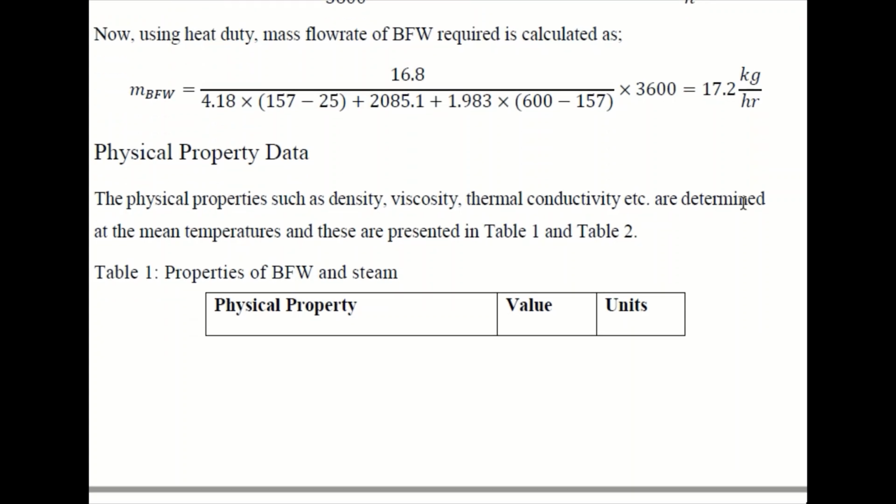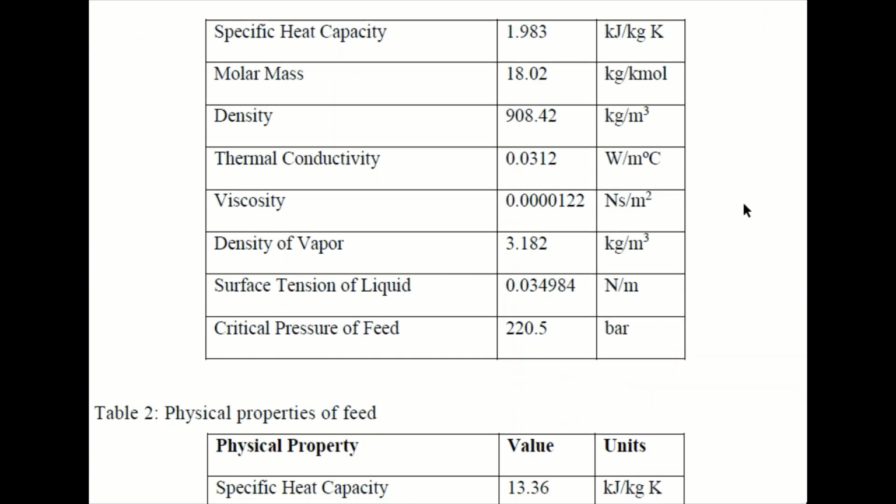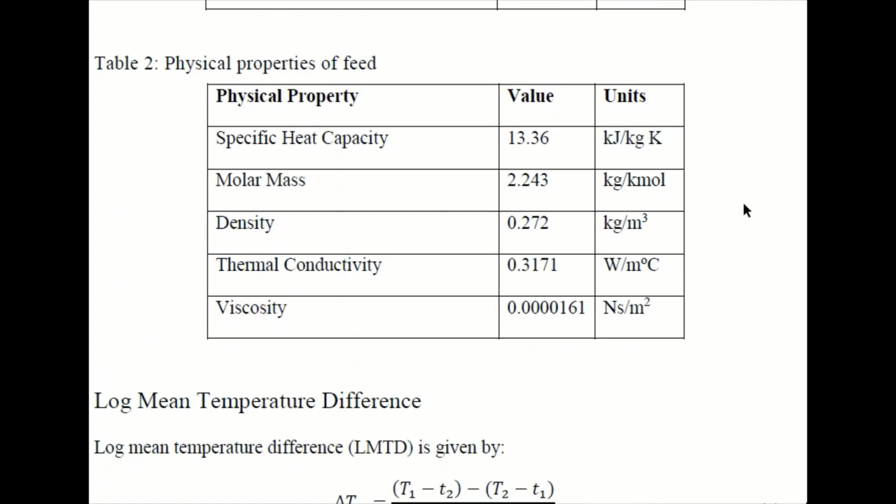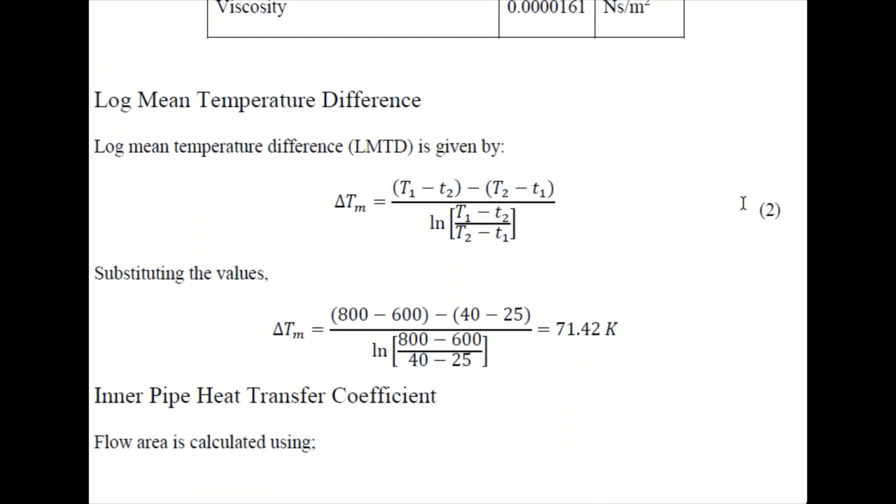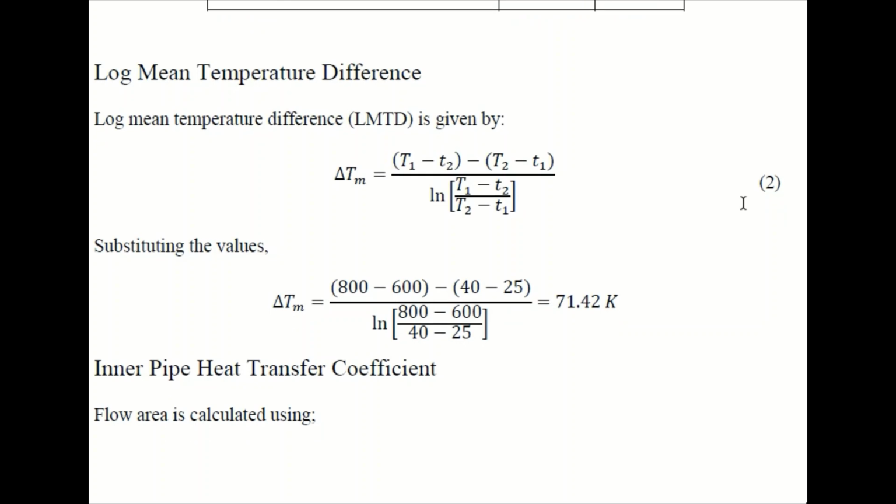So we have physical properties here for both the gaseous stream and the boiler feed water. The next step is to calculate the log mean temperature difference. We have the hot stream inlet minus cold stream outlet, and hot stream outlet minus cold stream inlet. In this way we determine the log mean temperature difference as 71.42 Kelvin.